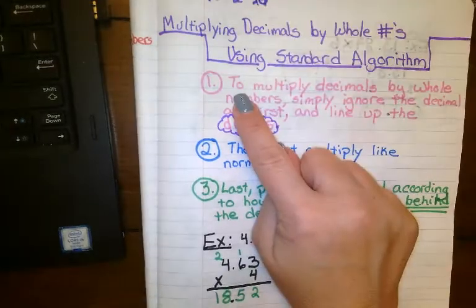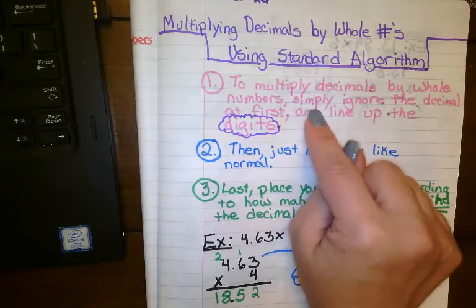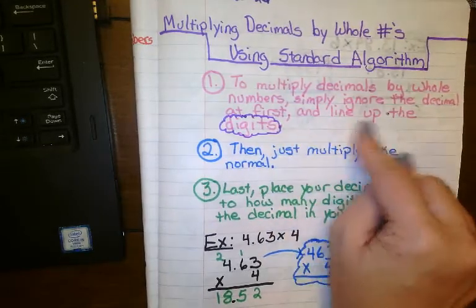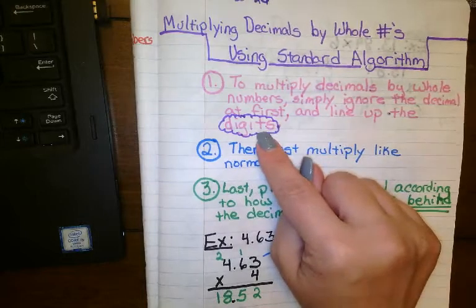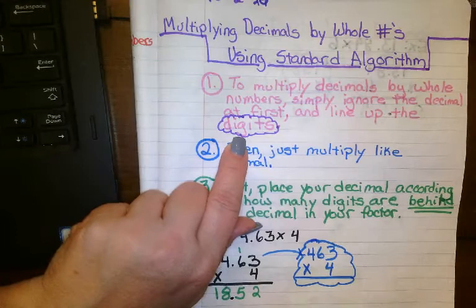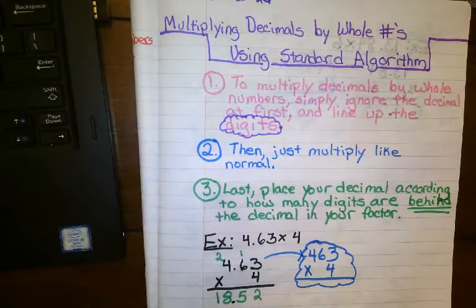So step number one says to multiply decimals by whole numbers, simply ignore the decimal at first and line up the digits. Now this is a little bit different than what you've been taught before. In the past, you've been told to line up decimals when you add or subtract, but when we multiply, it's completely different.